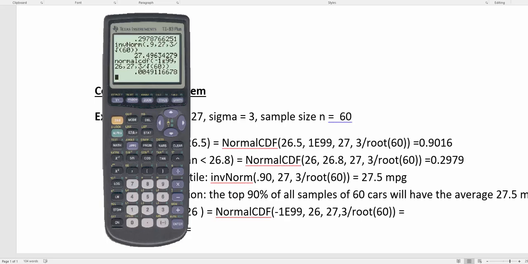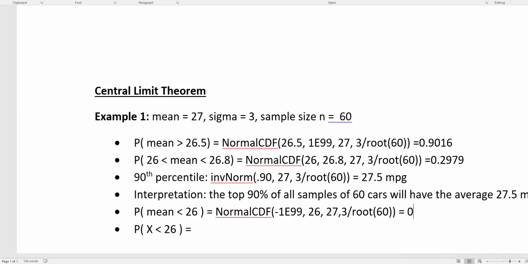So we get 0.0049. The answer is yes, unusual, because the probability is less than 0.05. This value is small. Let's highlight it. This is less than a 5% chance of happening, so this is definitely unusual.